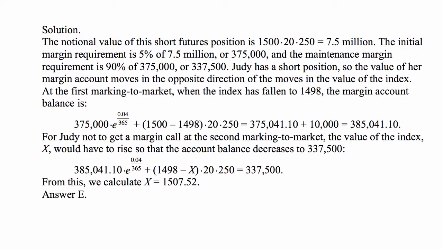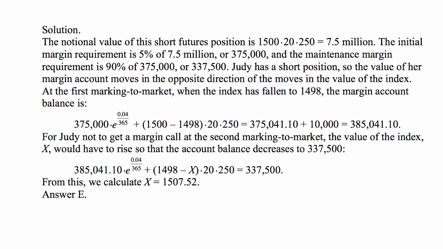At the first marking to market, when the index has fallen to 14.98, the margin account balance is the balance that she had, 375,000, increased with interest over 1 day at 4% continuously compounded annual, so that's why it's multiplied by e to the 0.04 times 1 over 365. The index declines from 1,500 to 14.98.